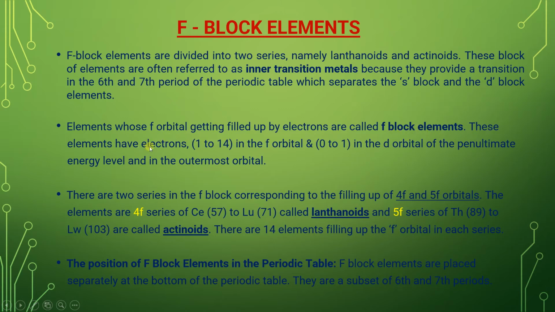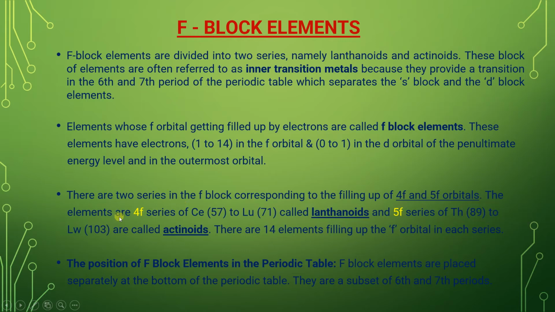These elements have electrons 1 to 14 in the f orbital and 0 to 1 in the d orbital of the penultimate energy level and in the outermost orbital. There are two series in the F block corresponding to the filling up of 4f and 5f orbitals.